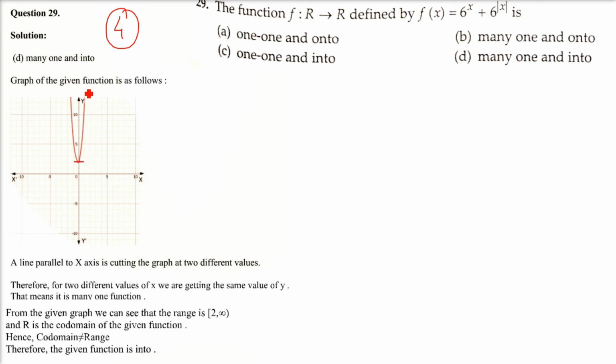There will be a graph and it will start with a certain value. In 2 raise x and 2 raise mod x, it starts with 2. Now when you make this graph, there will be the horizontal line test, and this gives you, for 2 values of x you are getting 1 value of y, or you can say 1 value of y is giving 2 values of x. So it is not 1-1. It is quite clear. I hope you got the idea.